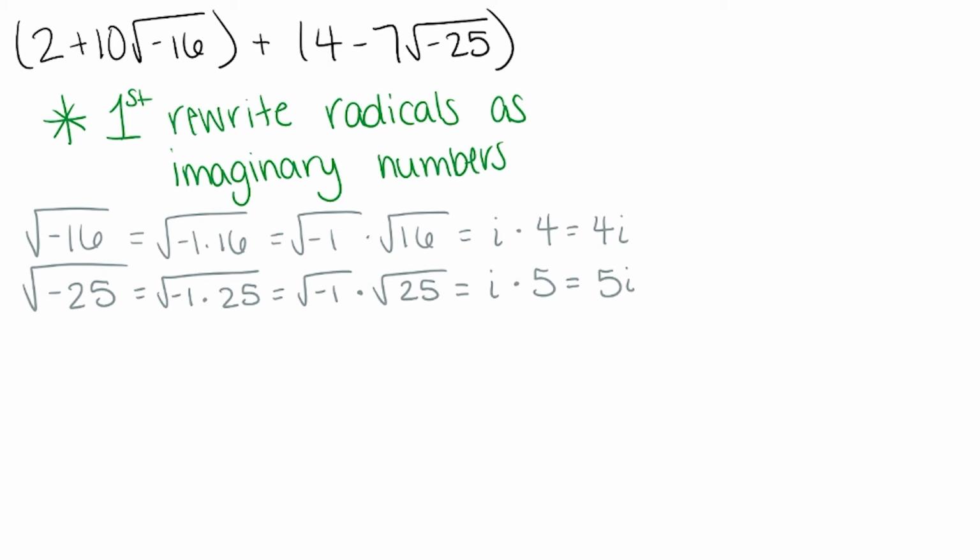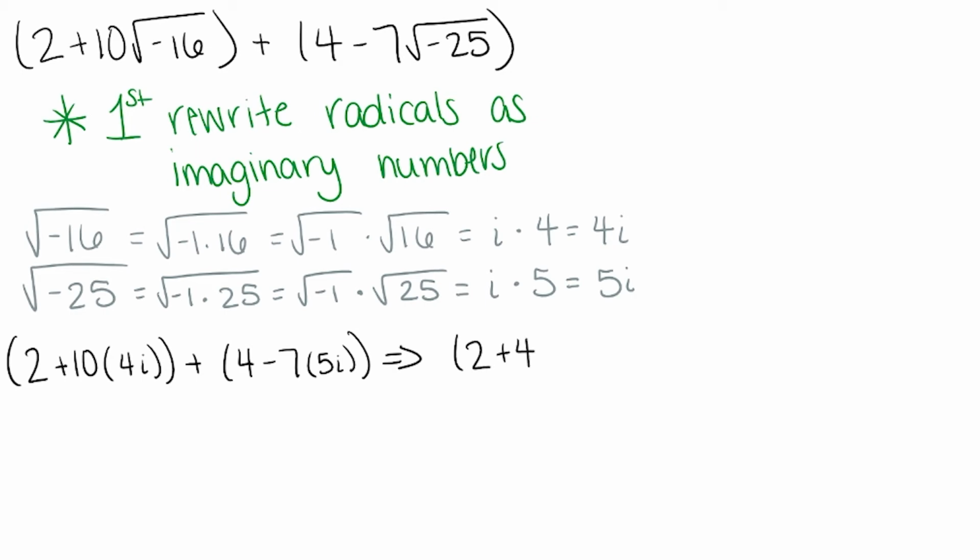This means we can rewrite our original expression as 2 plus 10 times 4i plus 4 minus 7 times 5i. And that is equal to 2 plus 40i plus 4 minus 35i.